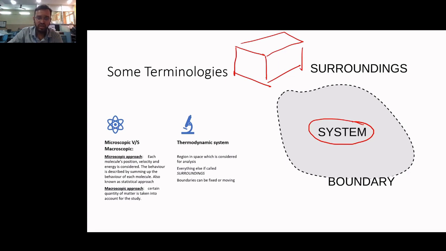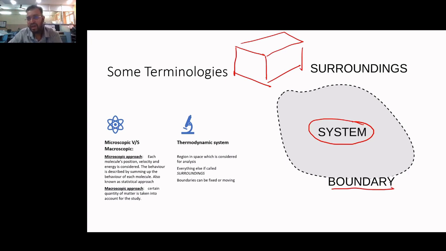In any power plant, you have a generation unit, a thermal unit, and then the generator unit. If you're analyzing just the generator unit, the generator turns into the system. The edges of the system are called boundaries.